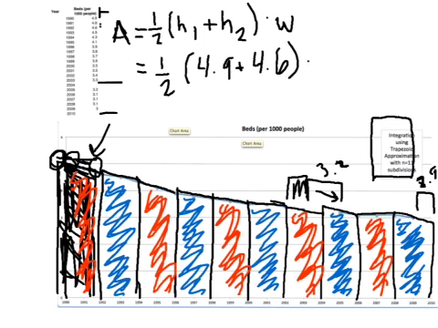Then we multiply that by the width, which is going to be 2 all throughout. And this right here is the area of that first trapezoid.